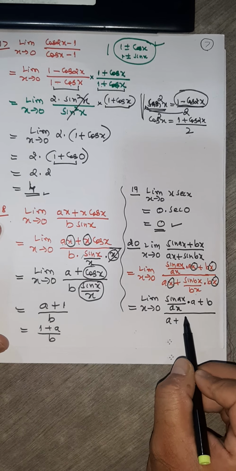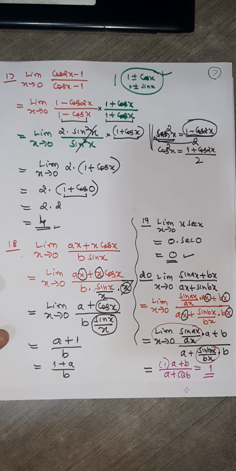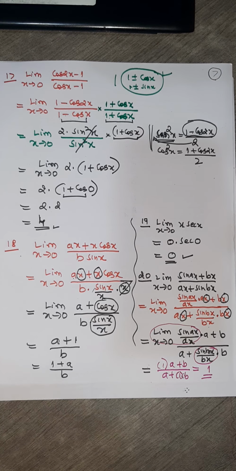Now almost you are through here. As x tends to 0, this gives us 1, this also gives us 1. So 1 into a plus b upon a plus 1 into b. So you'll get a plus b upon a plus b. So the required limit is 1. Fine. So we keep this much. In the next session, we'll continue from the next question onwards.